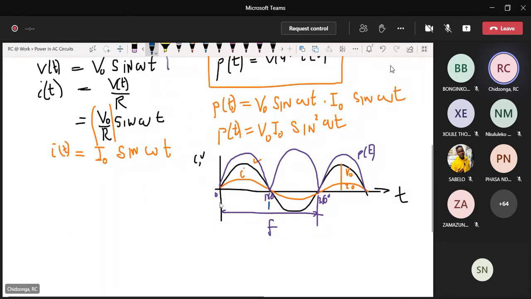This is the interval. It's repeating. So if this period here is T, the power signal is repeating in T over 2. In half the period, it's repeating. Is that not clear from the drawing?